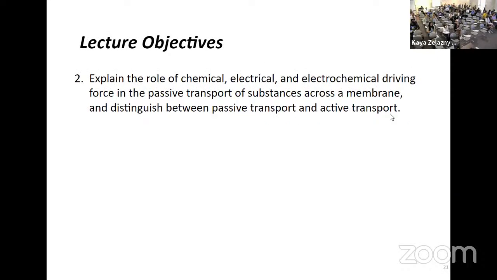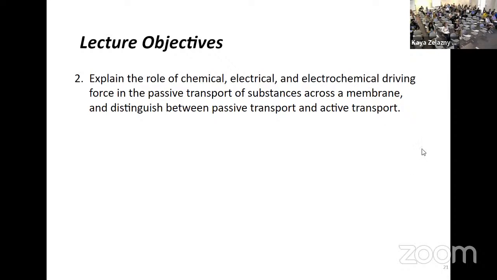So our next piece is that we are going to talk about the forces that would drive something across a membrane. We're basically trying to predict what direction an ion or a molecule is going to go relative to our cell membrane.